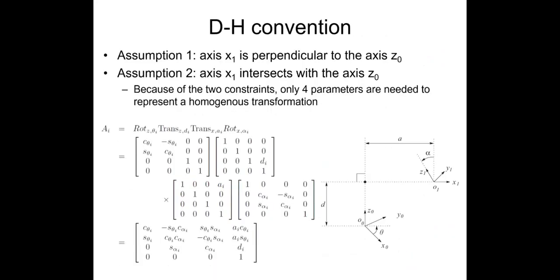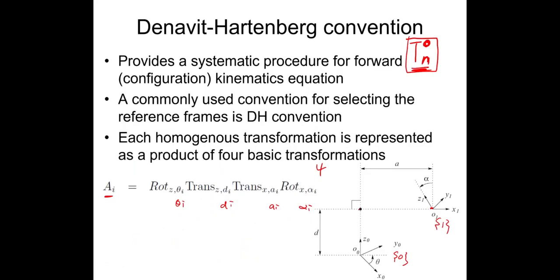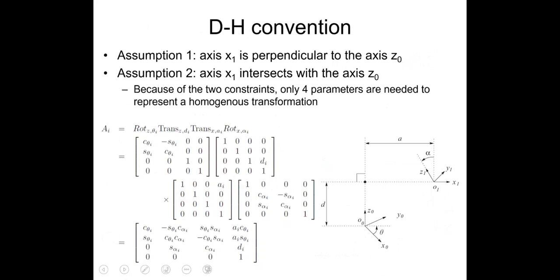For the DH convention, if we want to use these 4 quantities, we actually need to have 2 assumptions. The first assumption is that x1 is perpendicular to z0. The second is that x1 must intersect with z0.